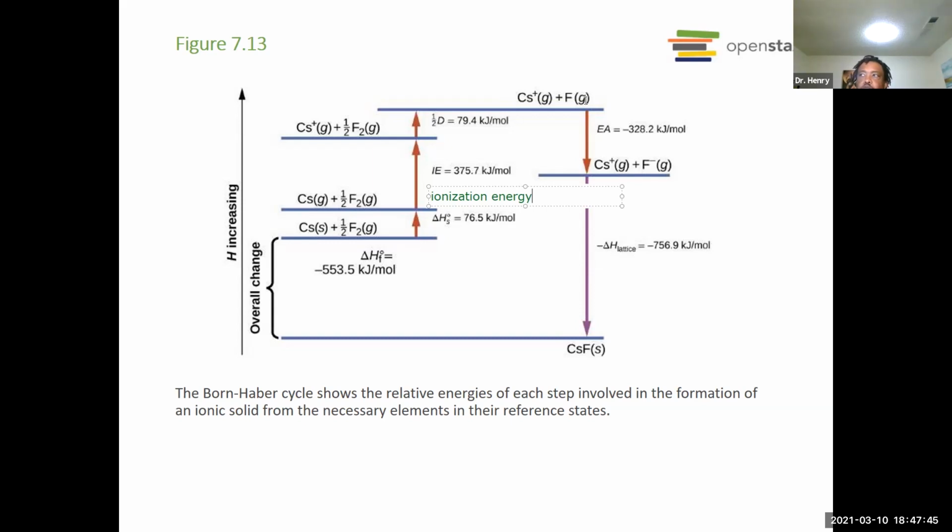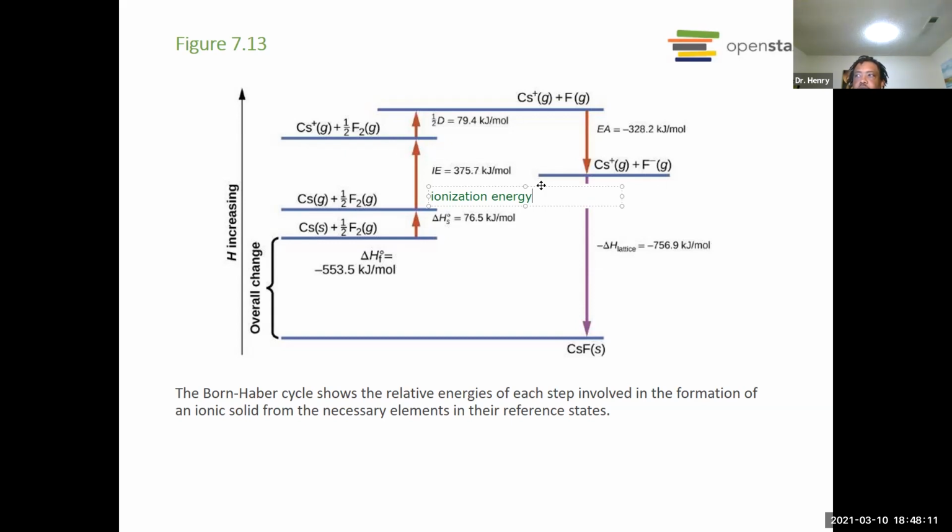Okay, so now here we use the electron affinity. Electron affinity is basically the desire to have an electron added. So we use the electron affinity of the fluorine, and that means the fluorine picks up the electron that cesium had dropped off earlier.